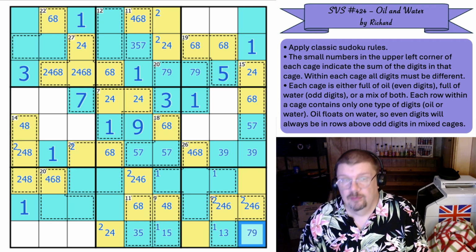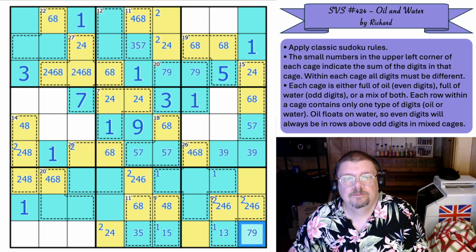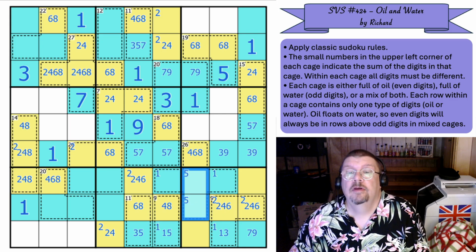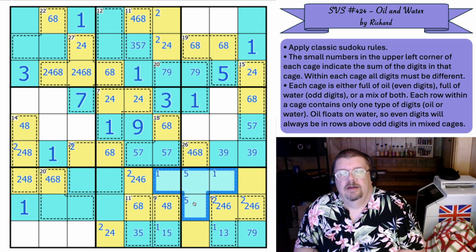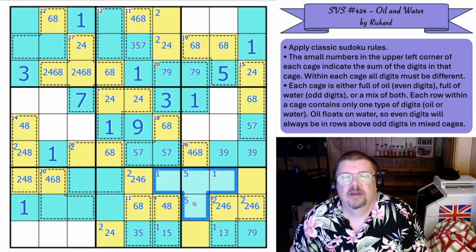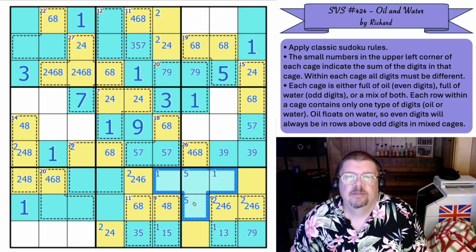So that is 7 or 9. So that puts 5 in one of these two by sudoku. So now we have 6 in here, and we need 2 more odds and an even to add up to 20.